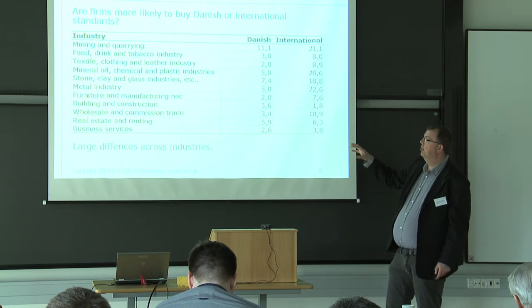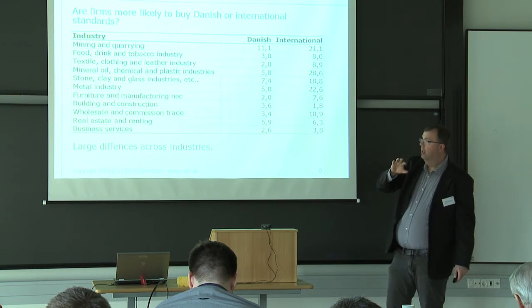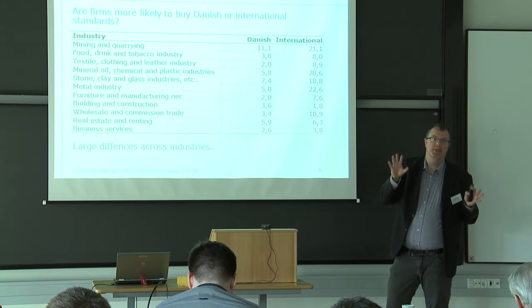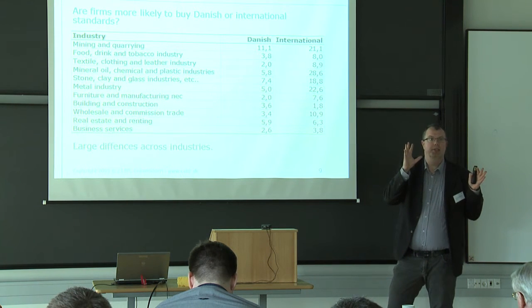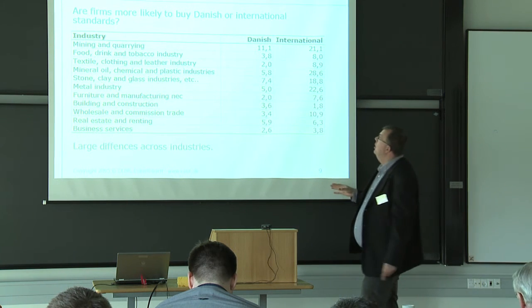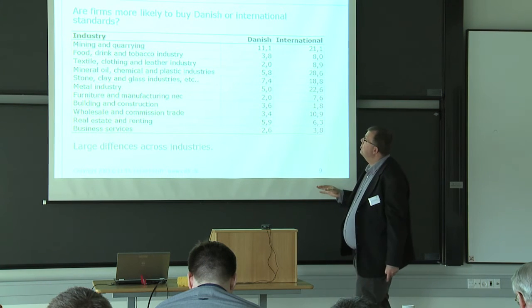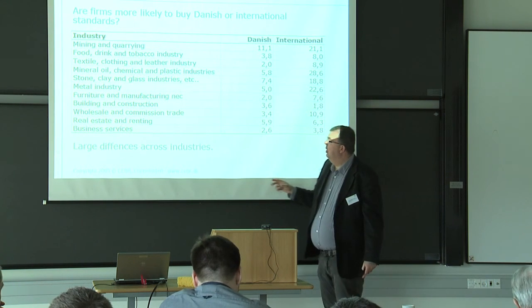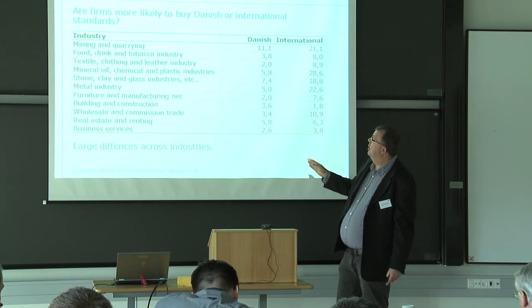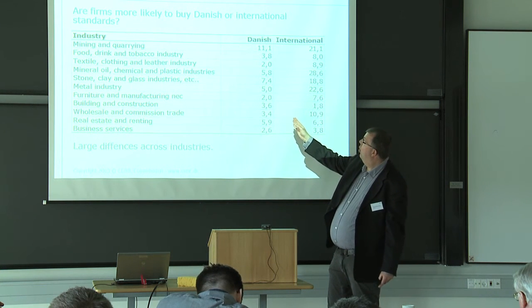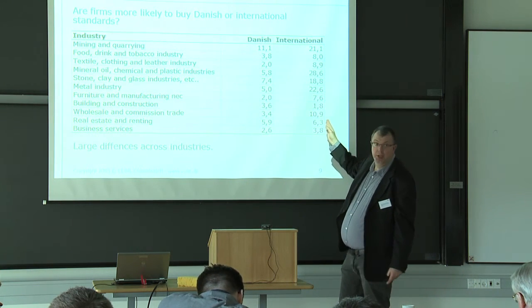And all those that started with DS and something else, I don't remember exactly the details, we defined as Danish standards. So this shows the share of firms in each industry that has bought a Danish standard, or the share of firms that has bought an international standard.